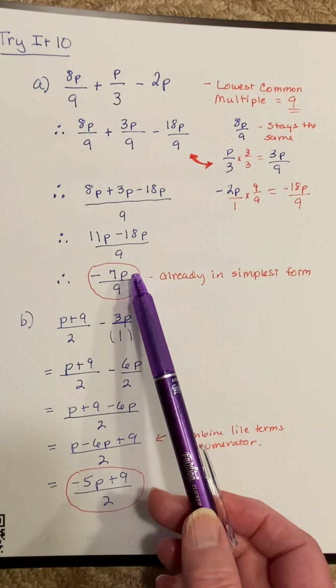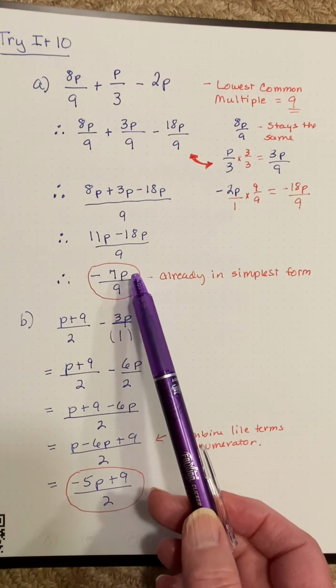Letter B gives us an interesting thing, p plus 9 over 2. That's a little different. It's as if there were parentheses around that because it becomes a single unit over 2 minus 3p, and I just threw the 1 under there because that's what it eventually becomes.